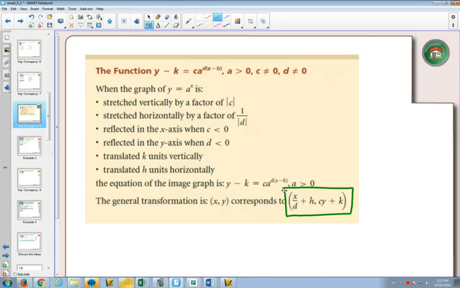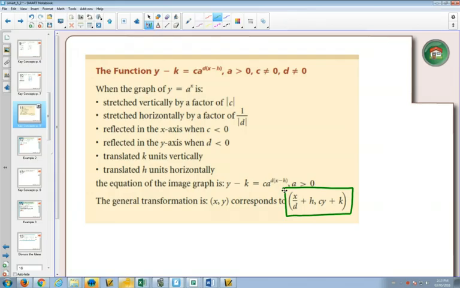We're going to use the same thing we've always done in our transformations, which is we're going to go from left to right like we've done before. And the only thing that's new is you have to know all of your exponential parent graphs to start with. You have to be able to graph y equals 3 to the x, y equals 5 to the x, y equals 7 to the x, y equals half to the x, y equals a third to the x.